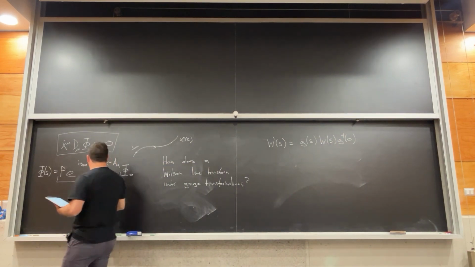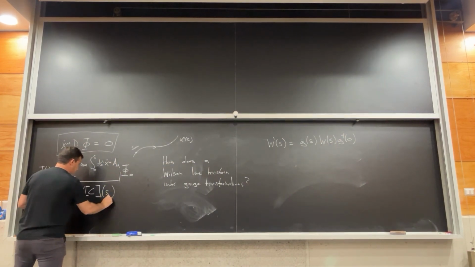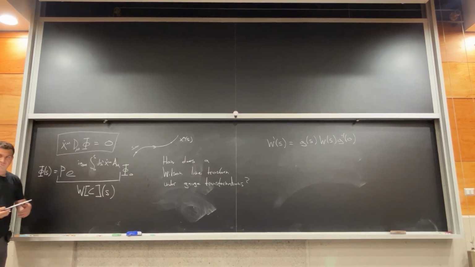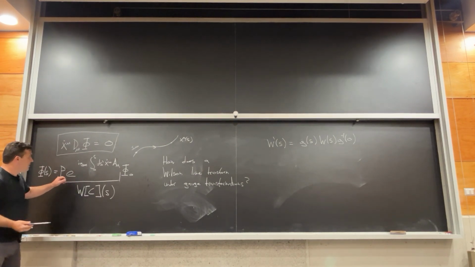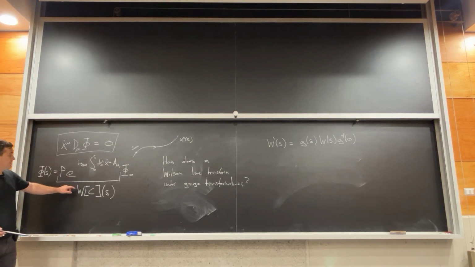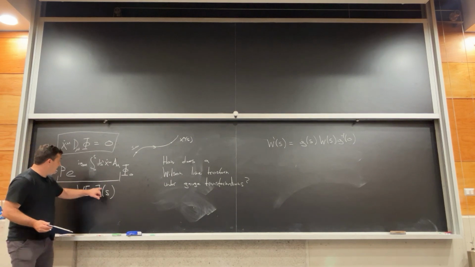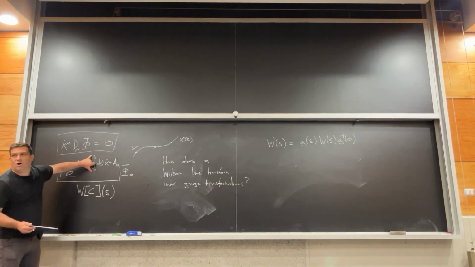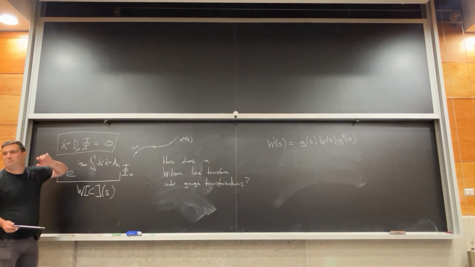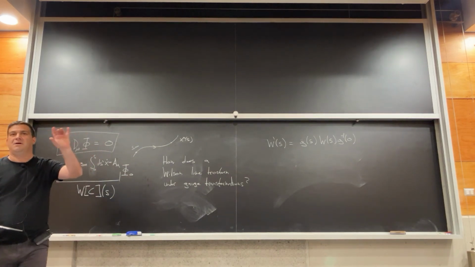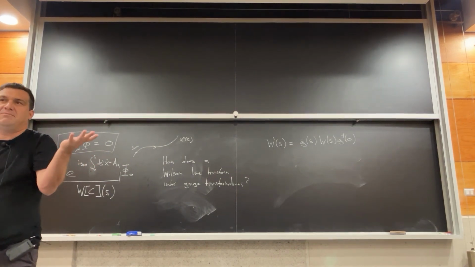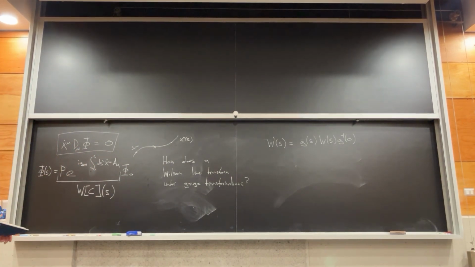Okay, and this of course depends on S as well. So thank you, Rodrigo, for making sure I get things right here. So the Wilson line depends on S. It actually depends on the two endpoints, right? It's just that I set one endpoint to 0, but it actually depends on both.